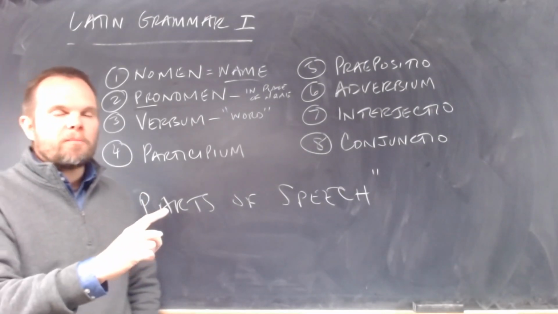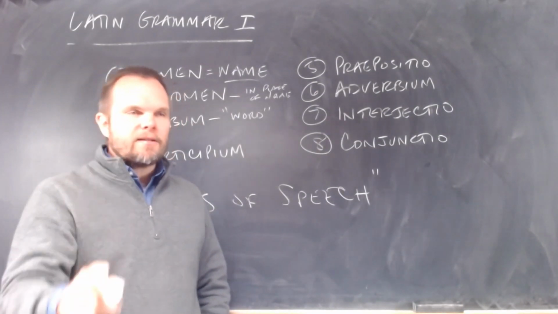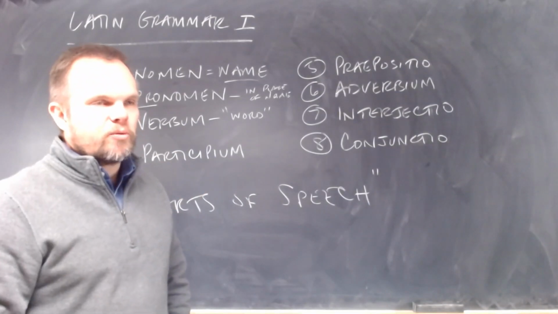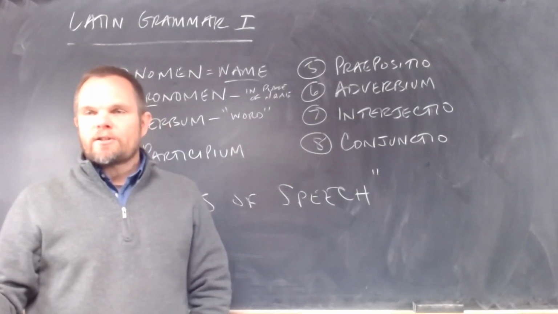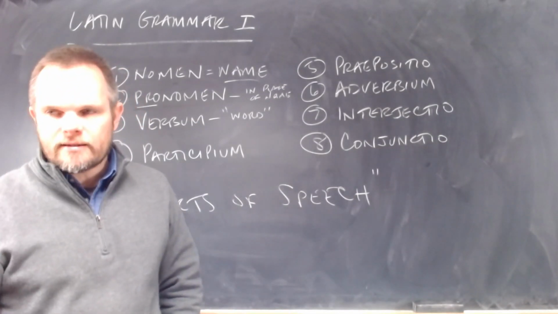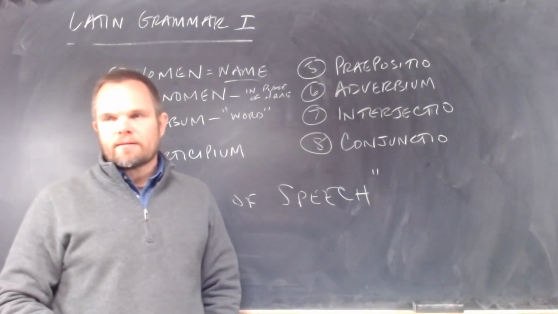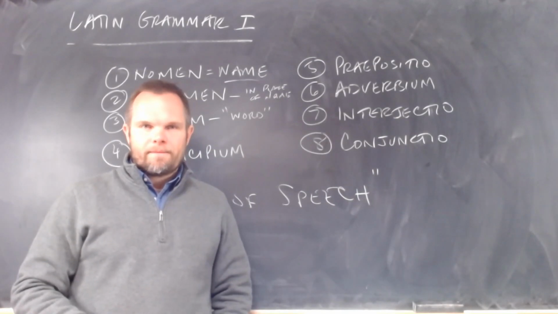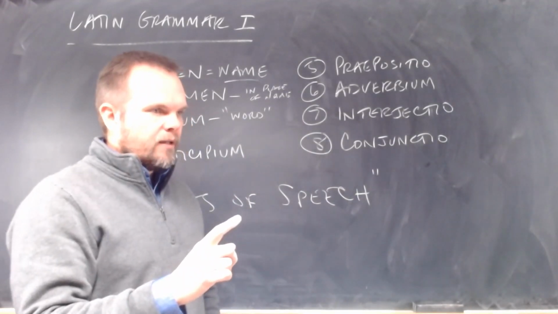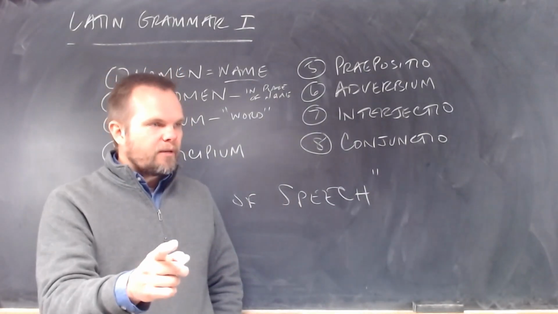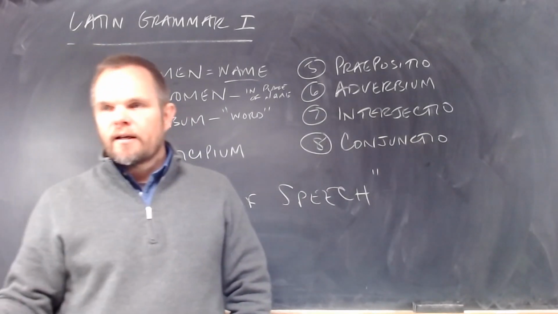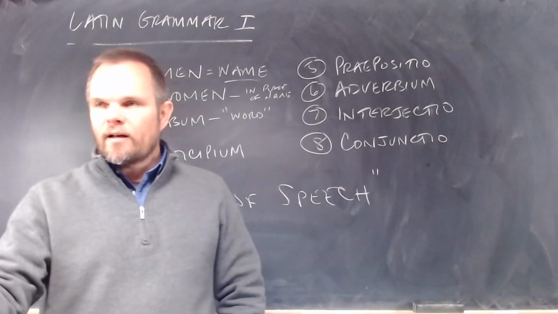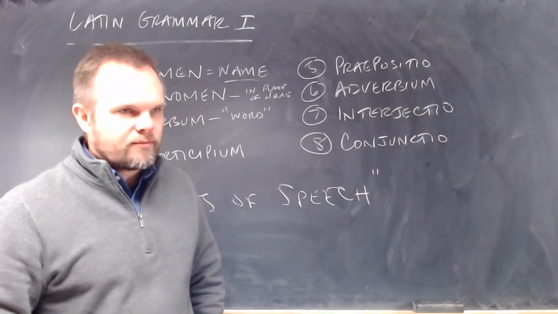A verb is a word that is necessary for a sentence to exist. A verb is the only part of speech that can be spoken by itself and make a sentence. You got that? Just like a vowel can be spoken by itself, a verb is the only kind of word that can be spoken by itself and make a sentence.